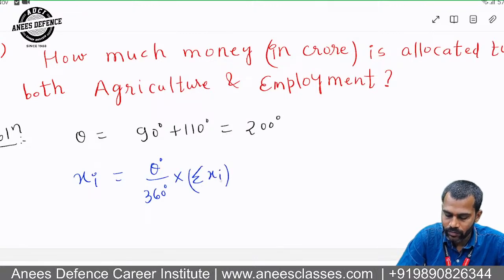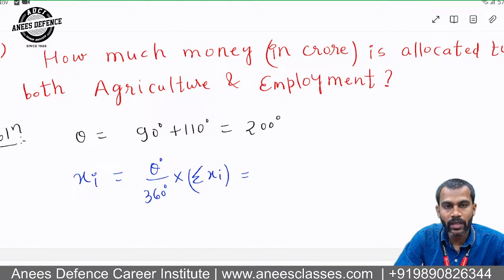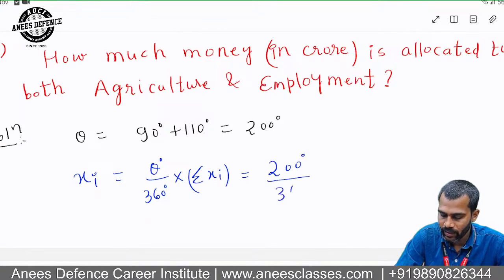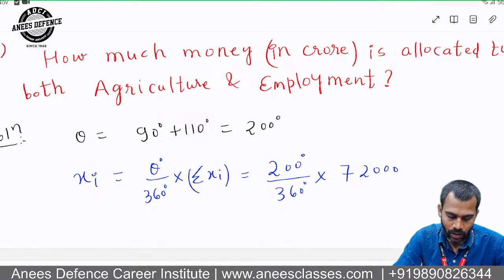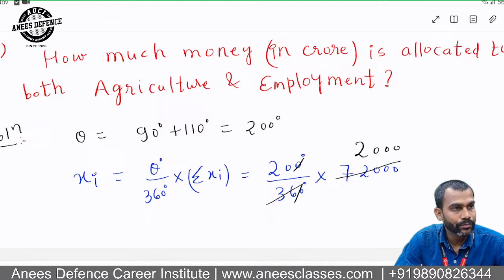We already know the formula: xi equals theta divided by 360 into summation xi. So what is theta here? 200. Very good. 200 divided by 360 into total 72,000. If you simplify this, 0 and 0 will get cancelled. 36 into 2, 72.